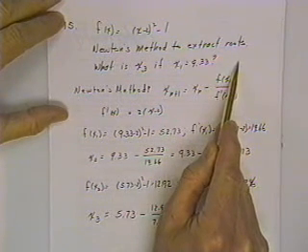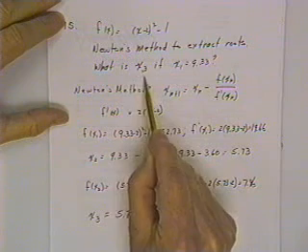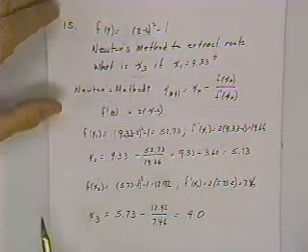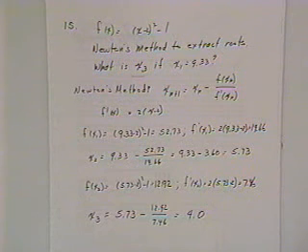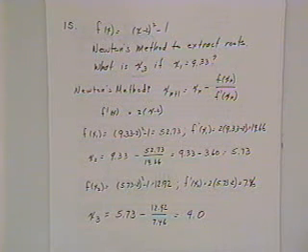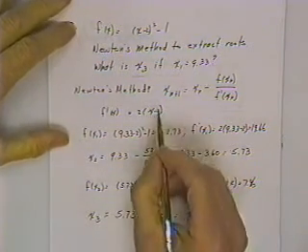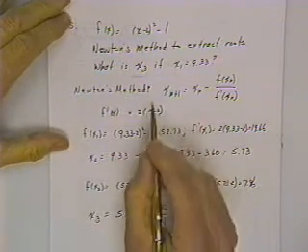But in particular, it wants to know what is the third iteration if you started with x1 equal 9.33. Believe me, that's an odd place to start. Usually when we make a first guess, it's a whole number. Why in the world would you pick 9.33? But we will not question. We will proceed.